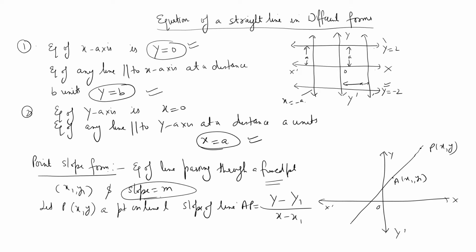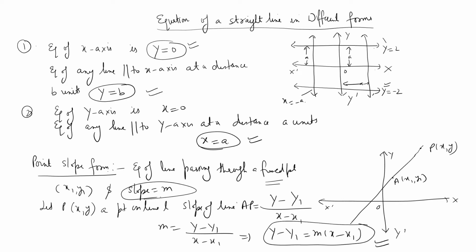So m is equal to y minus y1 upon x minus x1. Now cross multiply. y minus y1 is equal to m times x minus x1. What is this called? This is called the point slope form. A point is given and slope is given. Then you will apply this formula to find the equation of line.